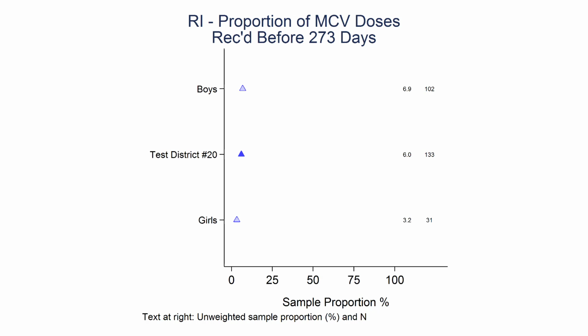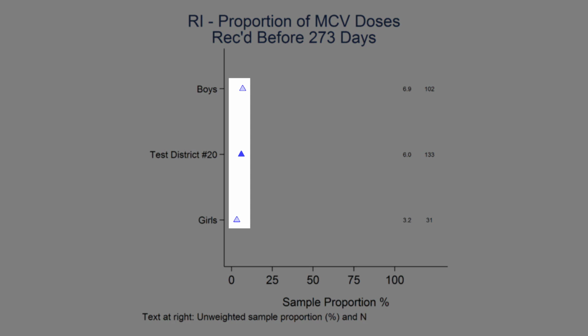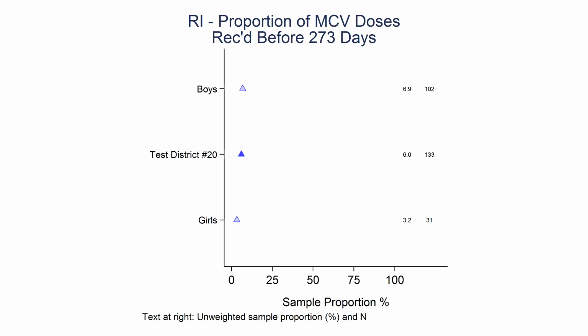Finally, a word about the colors of the graphical markers. Wiki uses a default set of blue colors to show markers in unweighted proportion plots. The shades of blue are specified in parameter files in your Wiki program folders. If you wish to customize the colors, to use a different set of colors than those shown by default, you can edit the RGB values, the red and green and blue values, in those Wiki color files.